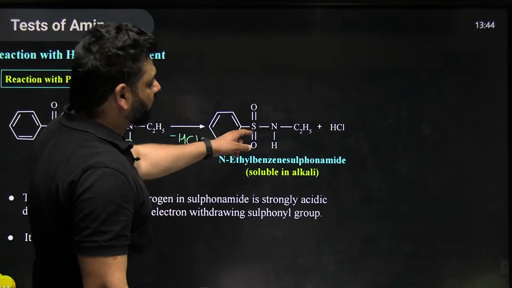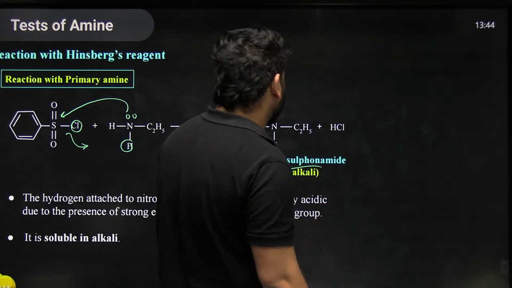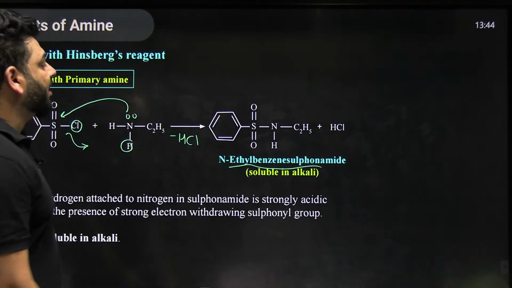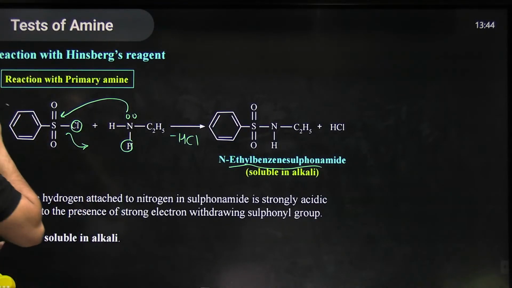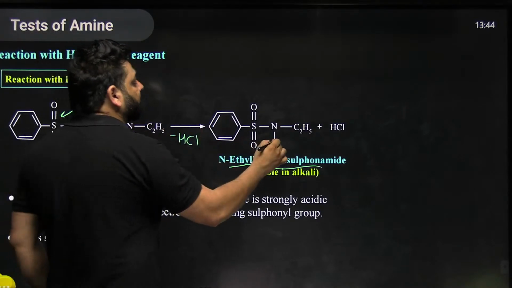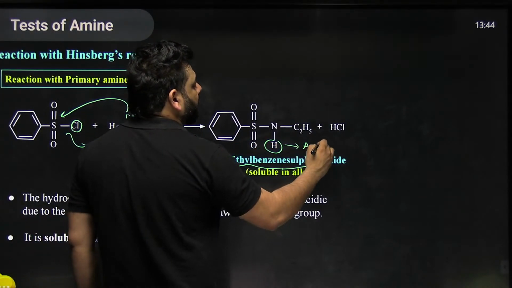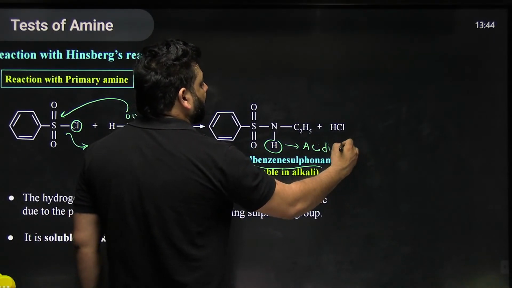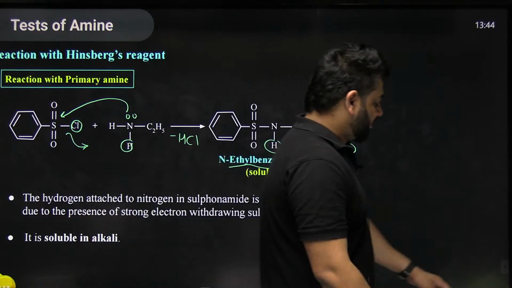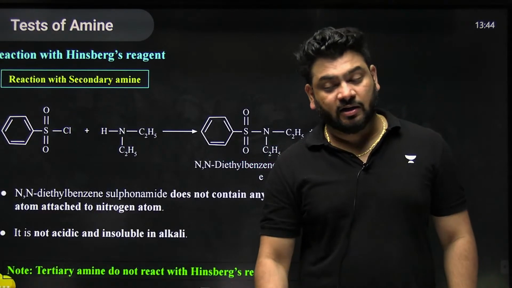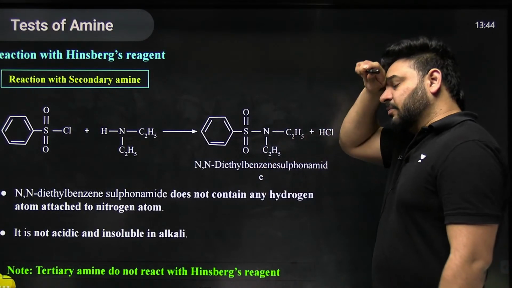It will give you N-ethyl benzene sulfonamide. This sulfonamide reacts with another equivalent of base, and because of the presence of this acidic hydrogen, it dissolves in alkali, and that is the confirmatory test for the primary amine.